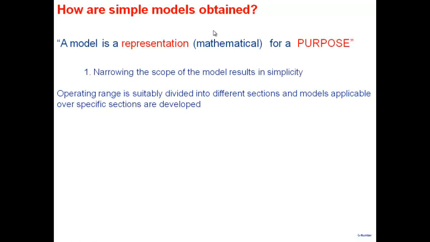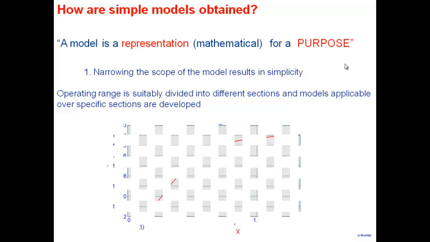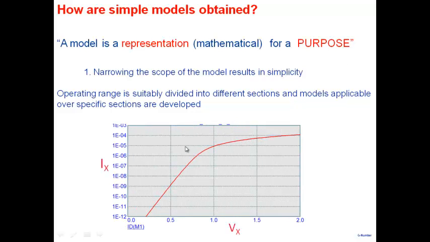Okay, again, keep that in mind. It's a representation for a purpose. The device is complex, right? As I said, the device is nonlinear, the device is complex. So how do I obtain a simpler model? One of the ways in which I do it, you will see I've drawn a graph here, and this is a typical graph of a MOSFET drain current versus the gate voltage.